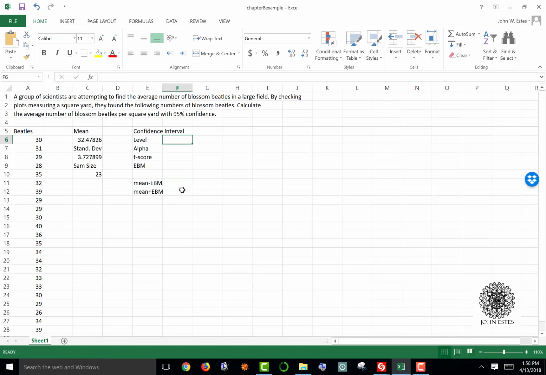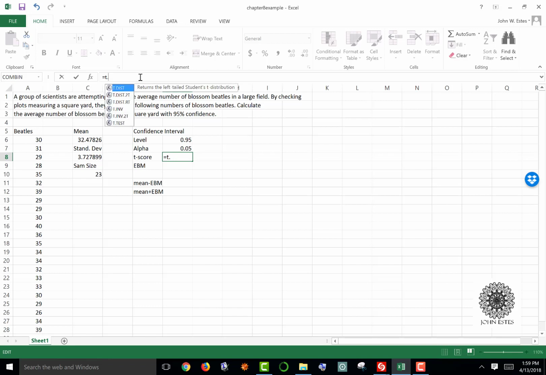All right, my level now is 0.95. So alpha is 1 minus that, which is F6. Okay, so I have my alpha is 0.05. That means when I'm done, I'll have a 5% chance of being incorrect. Now for my t-score, I'm not going to use a table here. I'm going to use Excel. I'm going to use T.INV. And I need a probability of being this value or less.